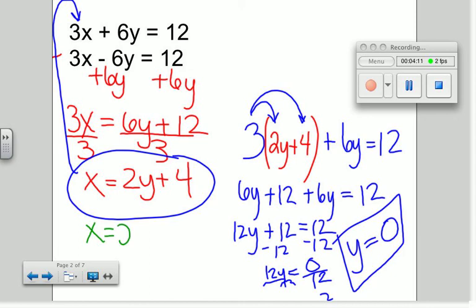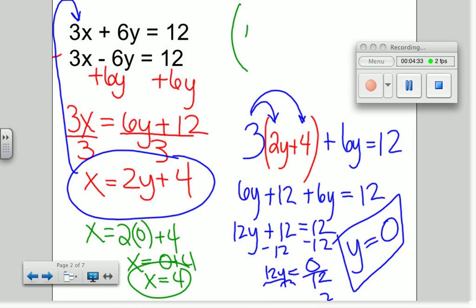So I have x equals 2 times 0 plus 4. x equals 0 plus 4. x equals 4. So there's the other half of your solution. The way that I want you to write your answer is as a coordinate. So your x is 4, your y is 0. 4, 0.